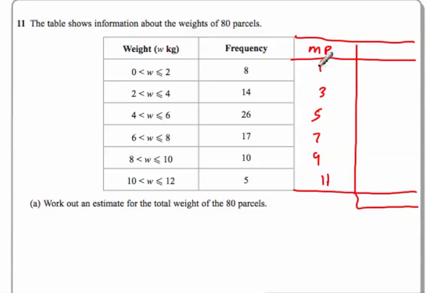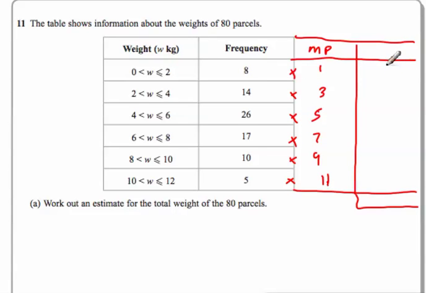Then we've got 8 of these, and we've got 14 of those, and we've got 26 of those. So if I multiply here, that'll be like adding these up.